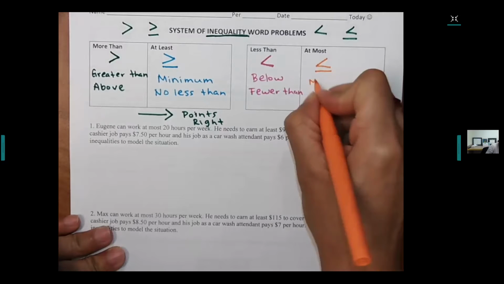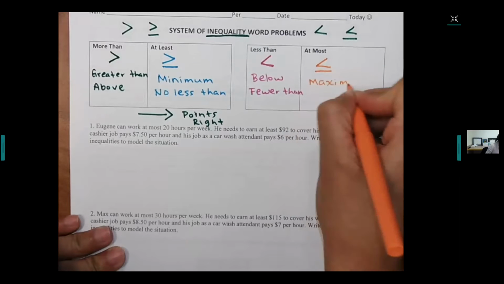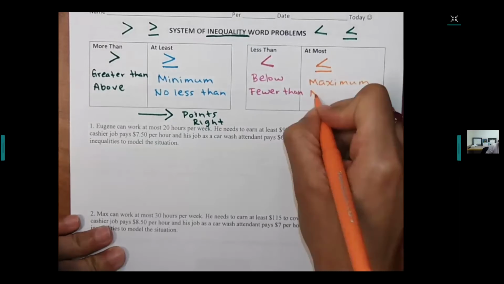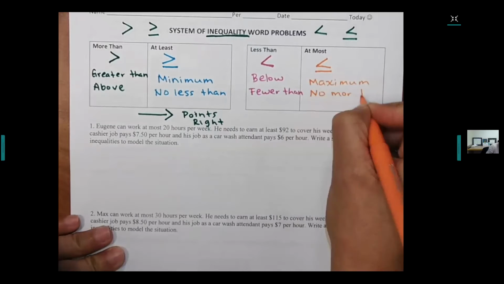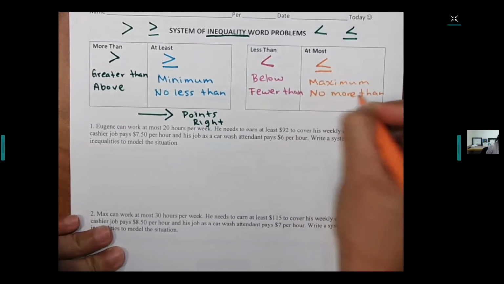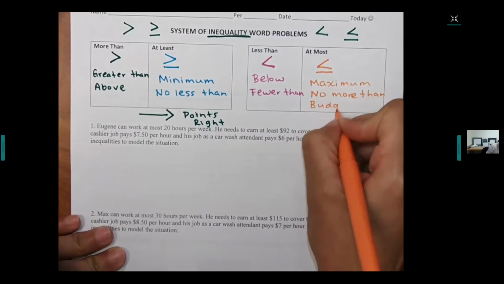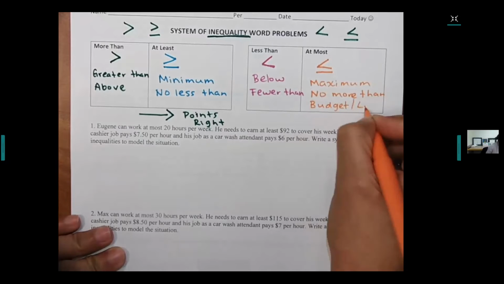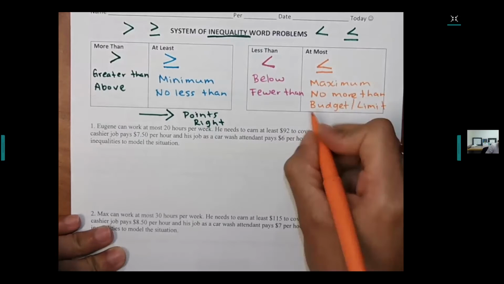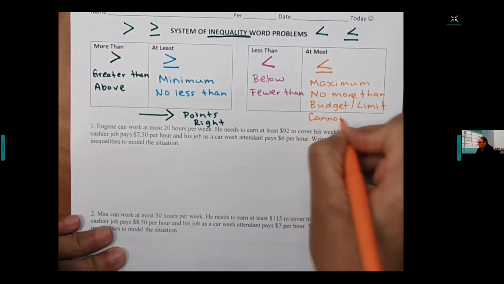So write these other words down. Maximum, you could also see it as no more than, you can think of it as a budget or limit or spending limit. You could also see the words cannot exceed.